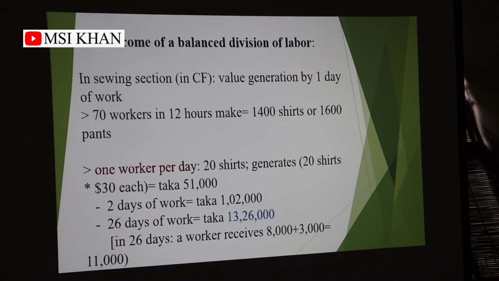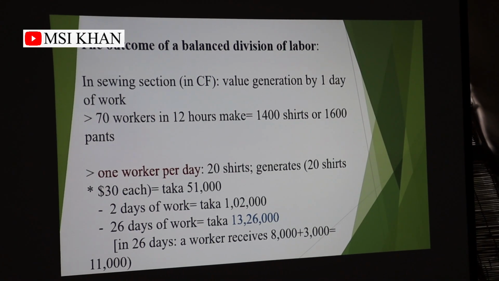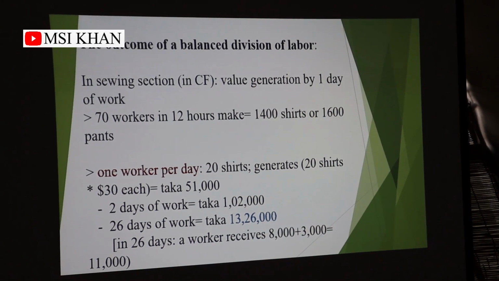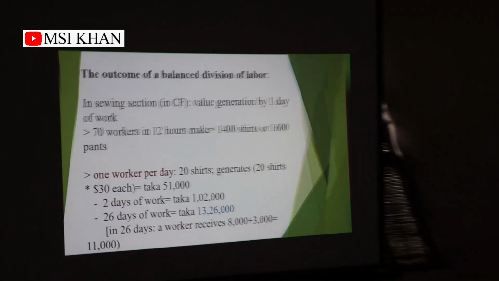So if one shirt is $30, generates in a day, 20 shirts, if one worker can produce 20 shirts, he or she can produce 51,000 taka in a day.